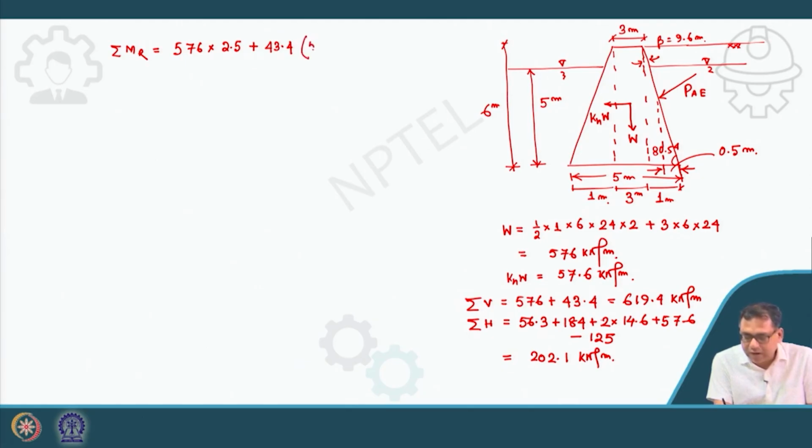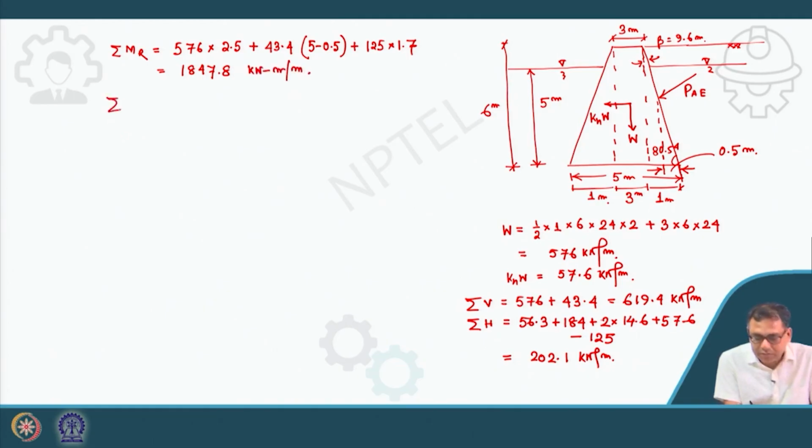Now, it is 5 minus 0.5, then plus 125 into 1.7, like the previous case that we have solved. So, now it is 1847.8 kilonewton meter per meter.